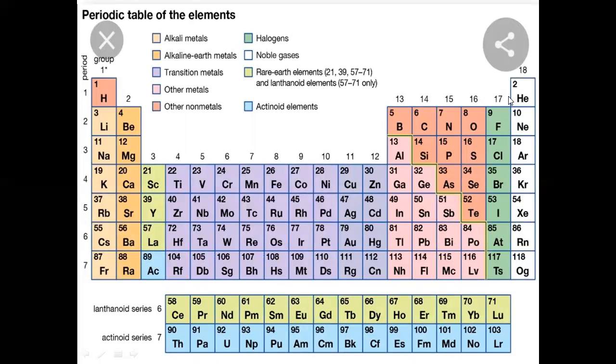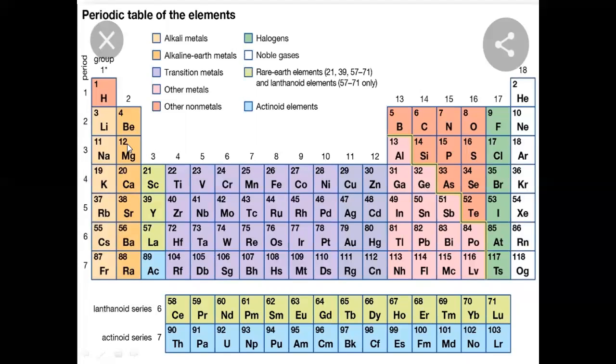As I told you, there are 18 groups in the periodic table, but group 8B is classified into 3 subgroups. That's why the total groups are 16.